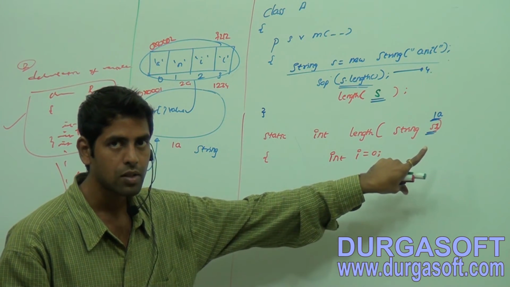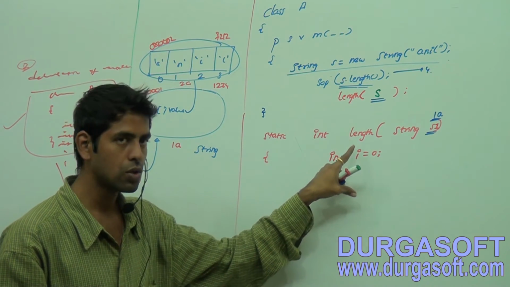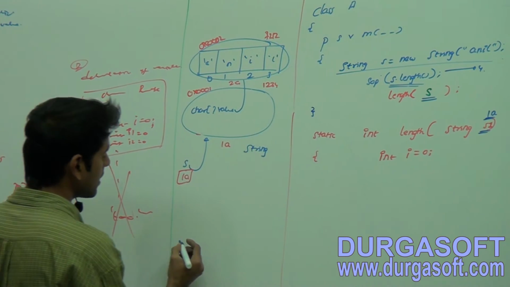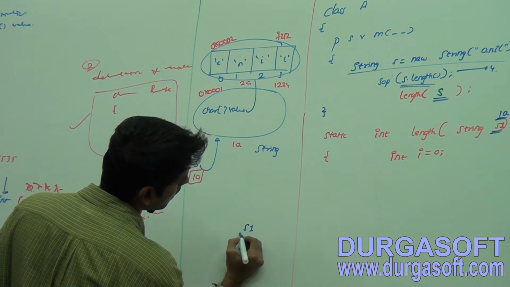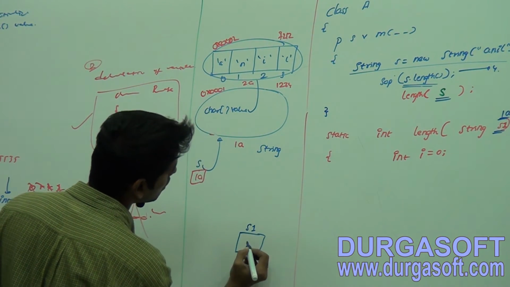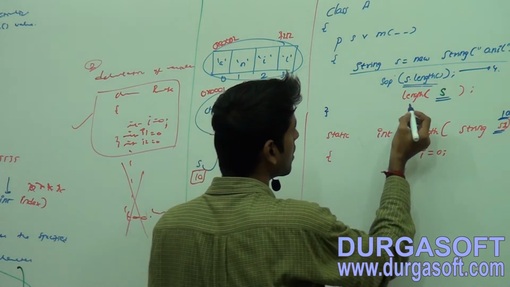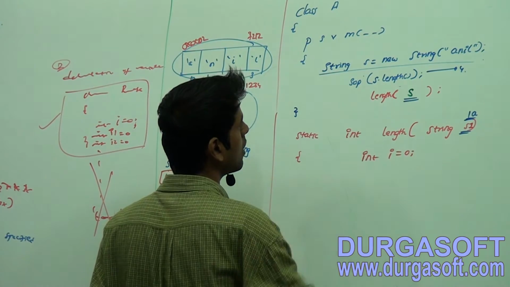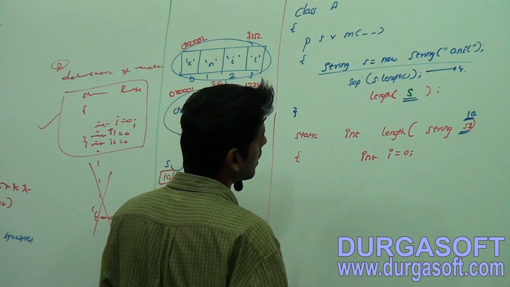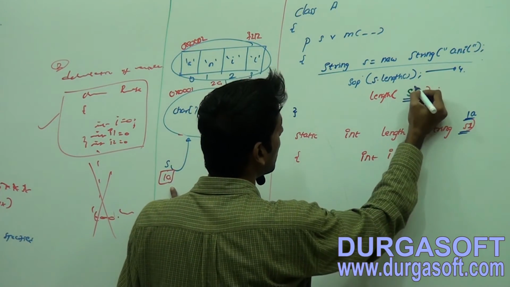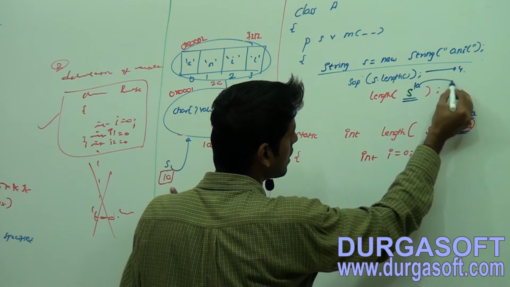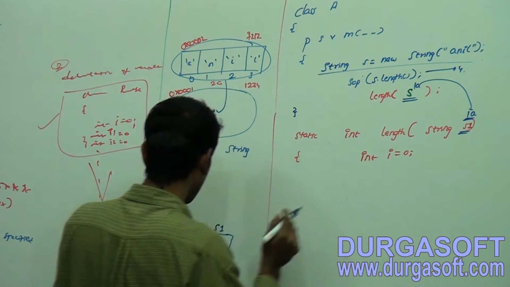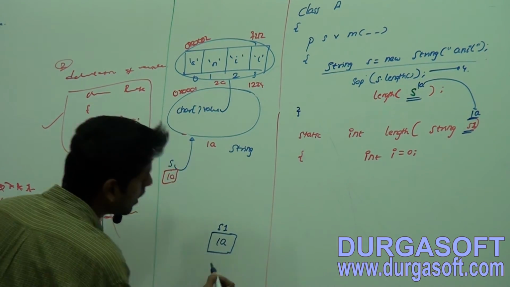Those arguments are local variables to a method. Getting? Observe. Now think that s1 is available somewhere at memory. Now because of this method call, what is happening? I am passing here 1a. 1a is copying to s1. Getting?